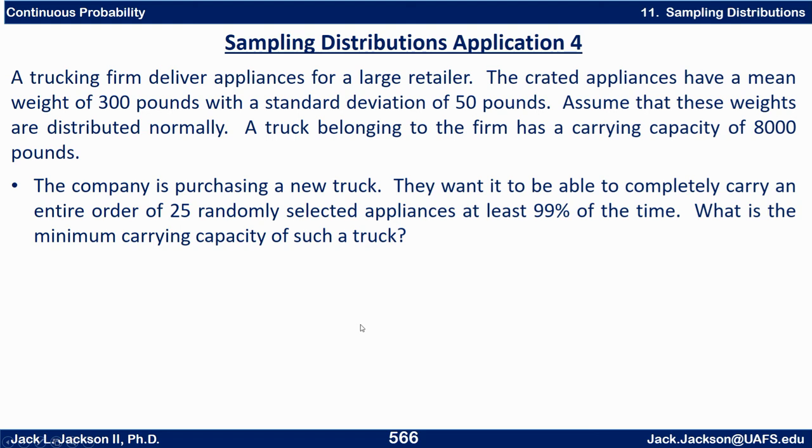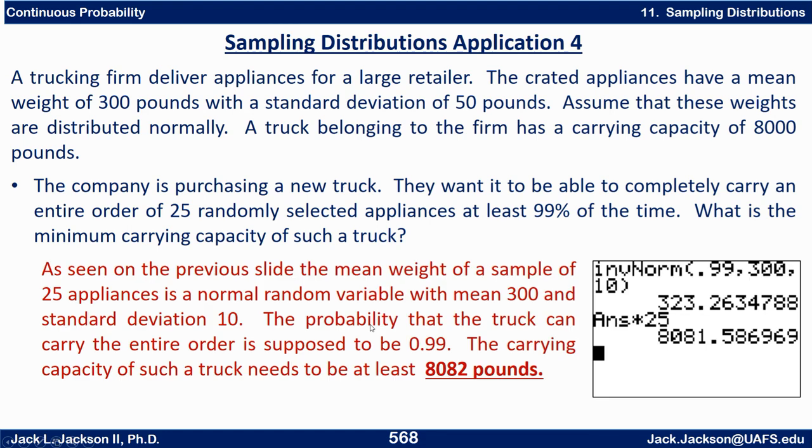Press pause. Well, this one is an inverse probability problem, so we're going to use the inverse norm. As seen on the previous slide, the mean weight of a sample of 25 appliances is a normal random variable with mean 300 and standard deviation 10. So we're going to just do an inverse norm from that.